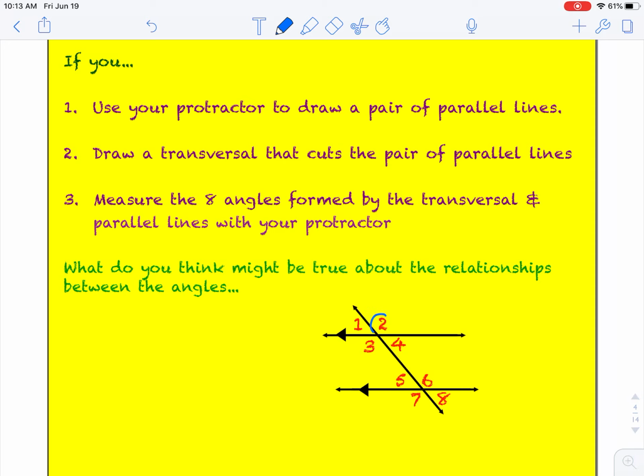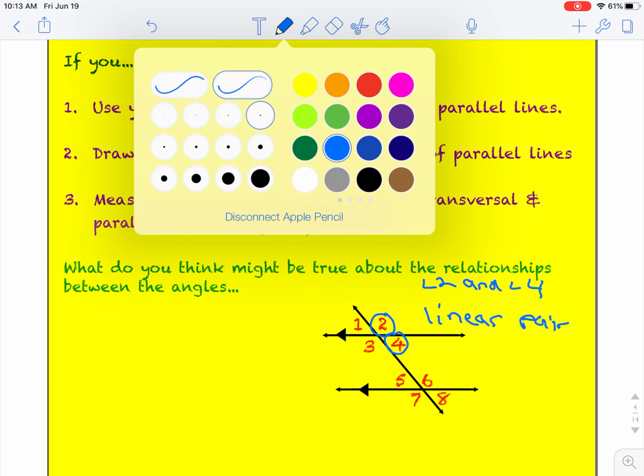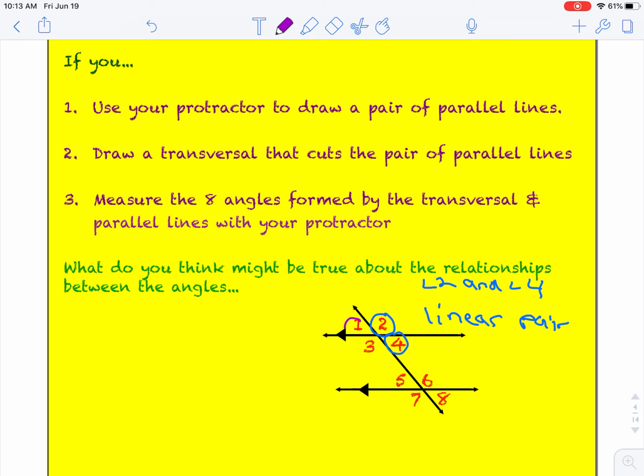Well, you might be able to think about this a little bit, and you obviously could probably see that angle 2 and angle 4 are a linear pair, and that's a relationship we already learned. And there are lots of linear pairs in there. We also learned earlier, so don't forget, that we have vertical angles.